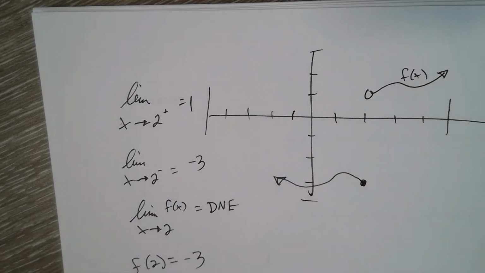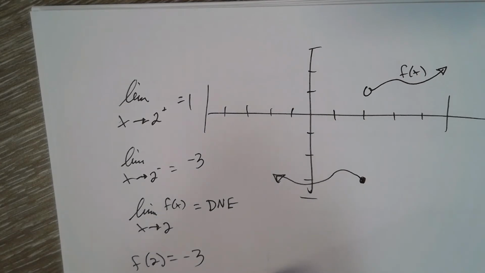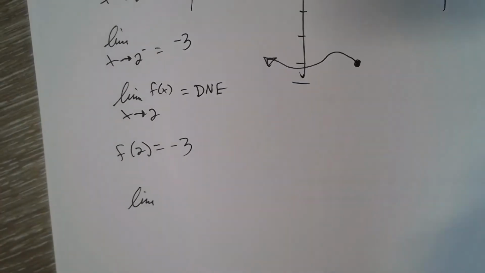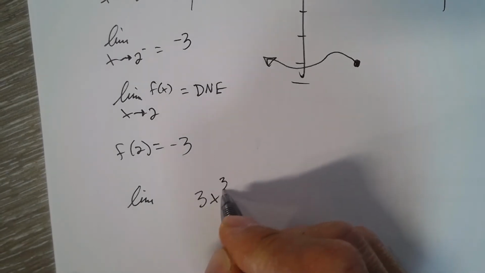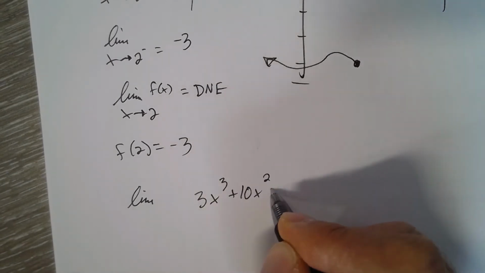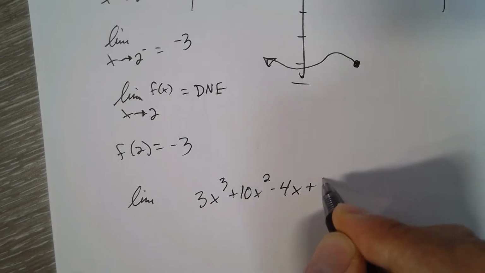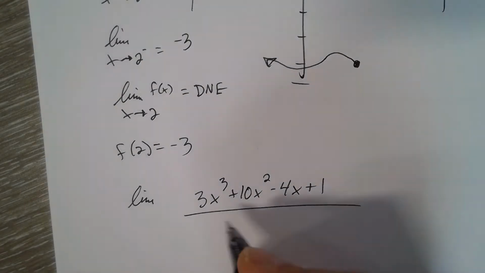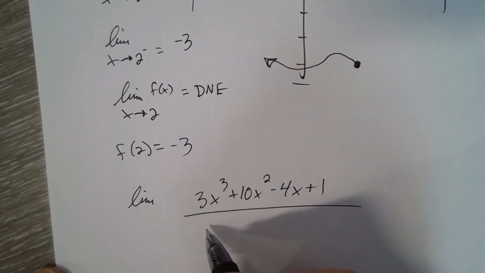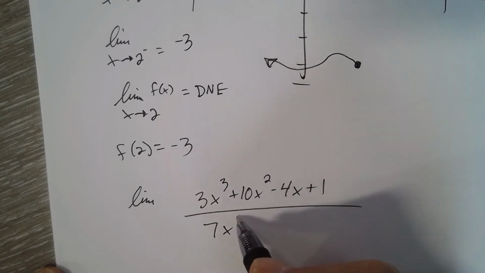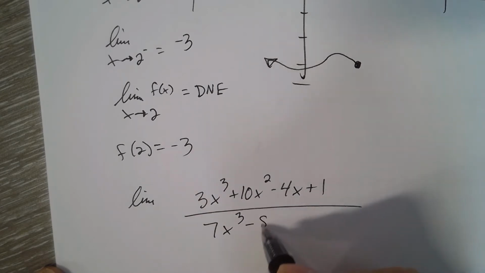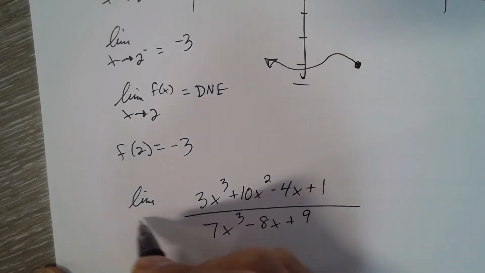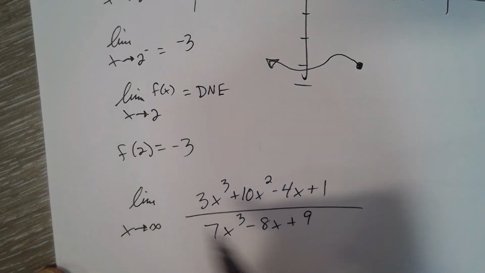What if I asked you what's the limit of 3x cubed plus 10x squared minus 4x plus 1 over 7x cubed minus 8x plus 9 as x goes to infinity?